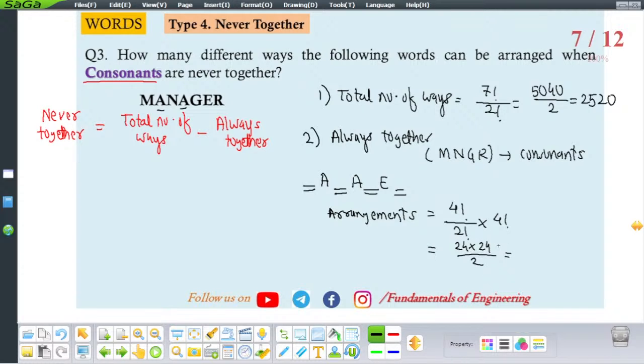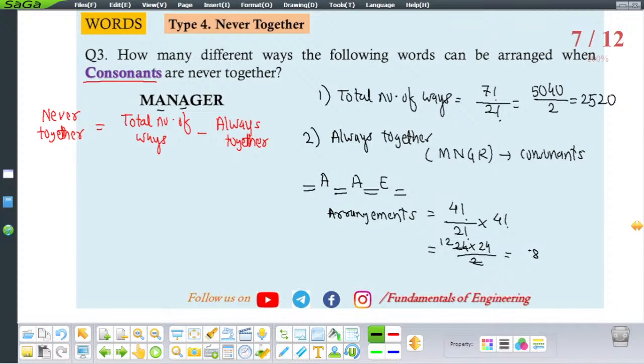So here we are getting 12, 12 fours are 48, 12 twos are 24, plus 4 is 288, that we are getting. So first answer we are getting total number of ways 2520, and second always together.